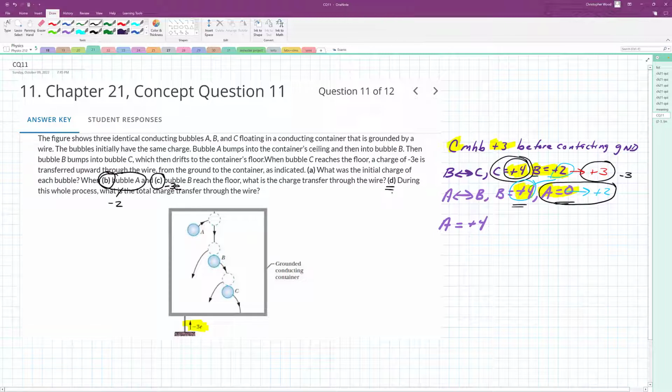Part D says, during this whole process, what's the total charge transfer through the wire? And we know that answer really without doing a whole lot of thinking. Bubble A, B, and C all had a charge of plus 4 initially. They all have the same charge. That's the problem statement. 3 bubbles times 4 charges equals 12 charges, and these were positive charges.